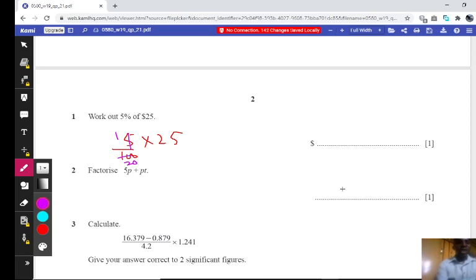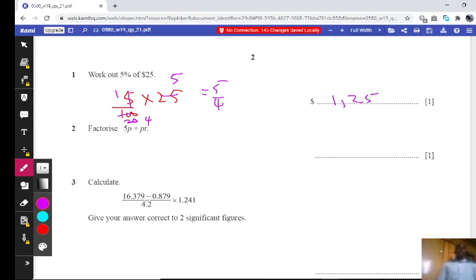Then here you can reduce by 5. 5 into 20 is 4. Then 5 into 25 is 5. So it will be 5 over 4. Then you can leave this as a decimal. Find your calculator, then you find 5 divided by 4. What's the answer? It's 1.25. Then you are done. That's 5% of 25. Right, now let's move on to the next question.